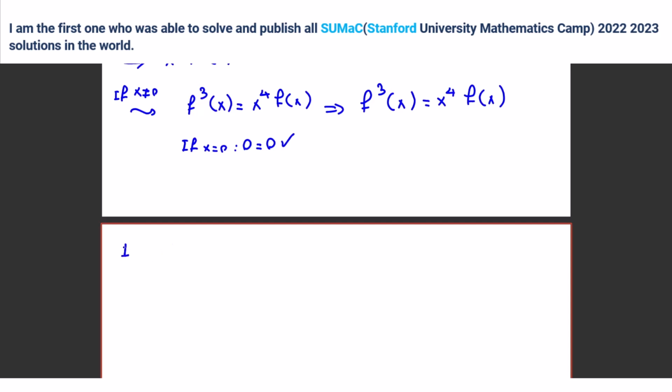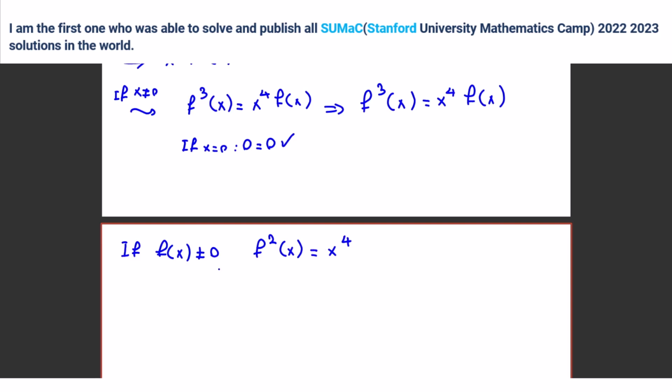If f of x is not 0, then f squared of x is equal to x to the 4.